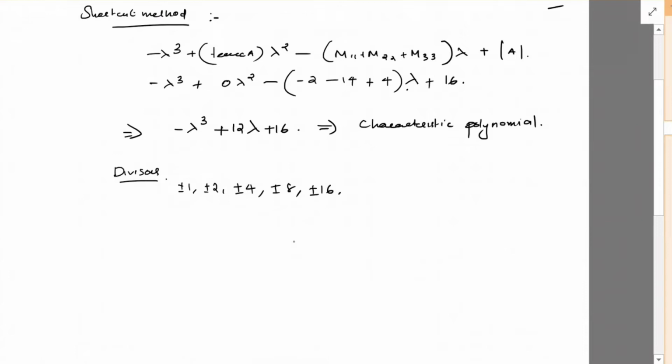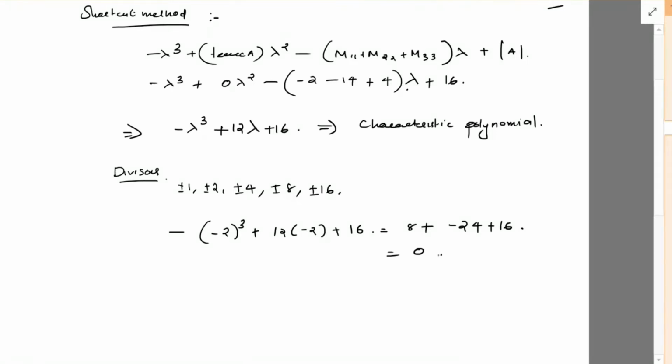What about 2? It will be minus 2 cube plus 12 into 2 plus 16, which is not equal to 0. And after that, we will move on to minus 2: minus of (minus 2) cube plus 12 into minus 2 plus 16. Minus 2 cube is minus 8, so minus 8 into minus, that is plus 8. 8 plus minus 24 plus 16 is equal to 0.